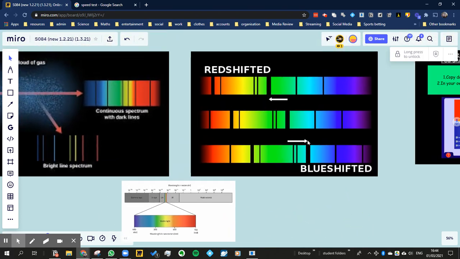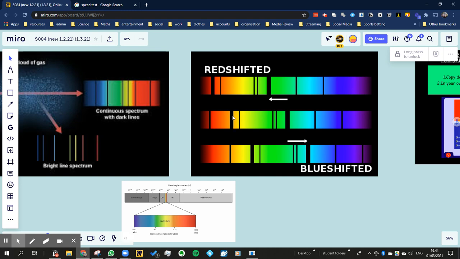We'll just quickly look at this here. Without going into too much detail, this is essentially like a fingerprint of a star. We analyze the light emitted from a star, and these black lines are the wavelengths that the star does not emit, or possibly the light that it does emit.